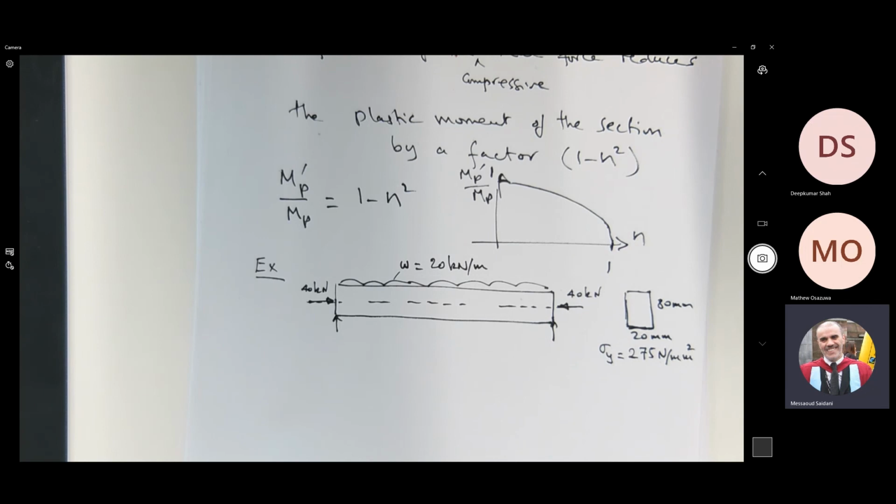I just tried to find the example here. Have you got all the data you need? You have? Okay. Because I've got an example somewhere. I just need to find it.